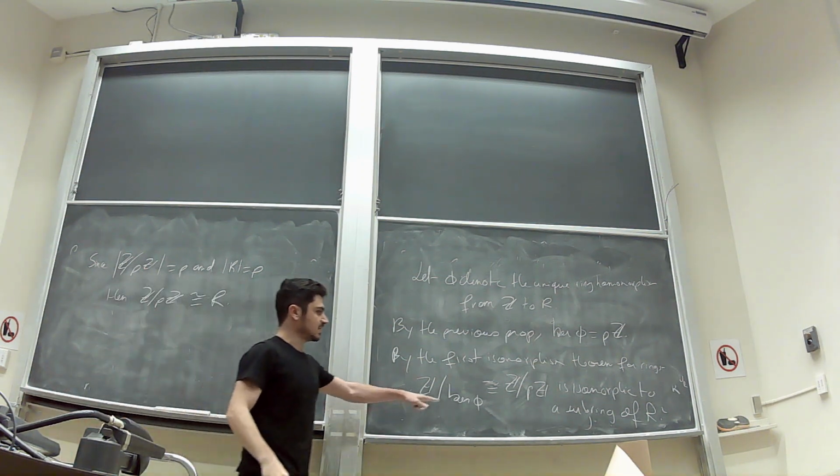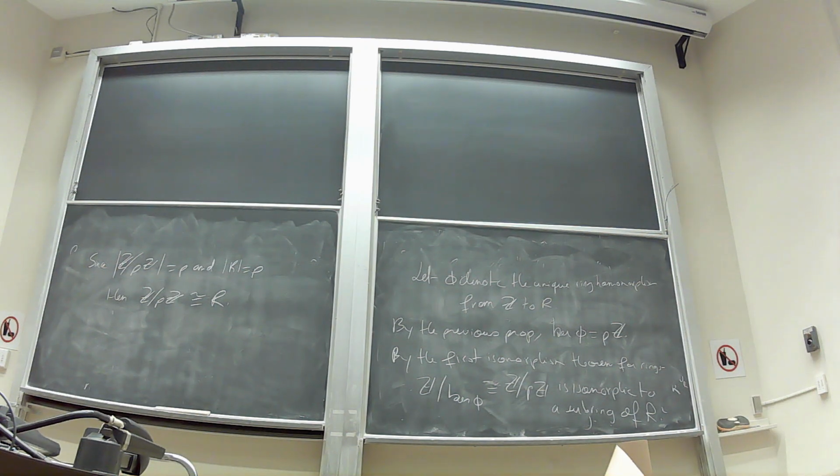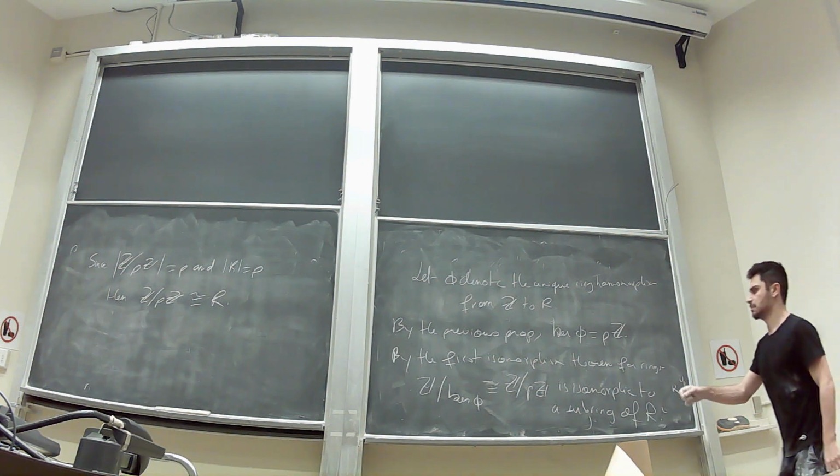Because Z mod PZ is isomorphic to a subring of R of size P. Now R has size P, so Z mod PZ is isomorphic to R. Great.